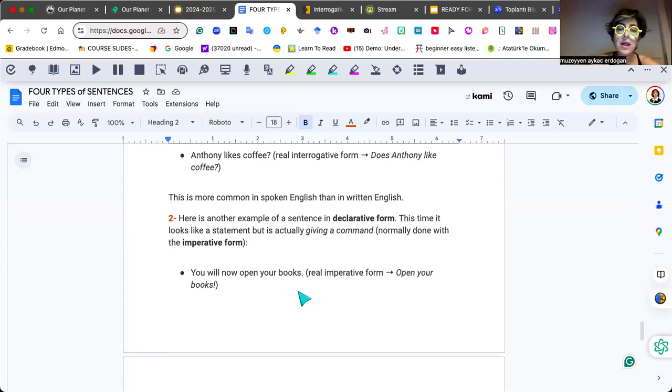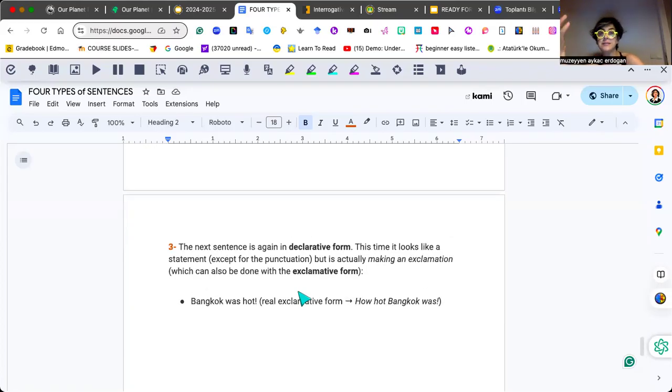Okay. And the third function of a declarative form is the exclamative form. Even if you write or you speak a declarative form, the meaning, the function of your declarative sentences can be different, as in the example. So Bangkok was hot. This is the declarative sentence.